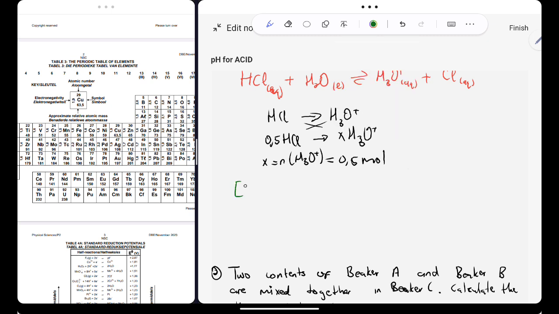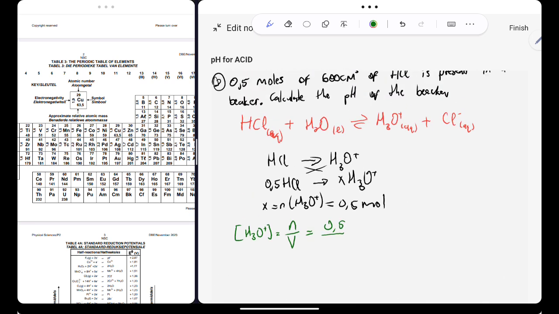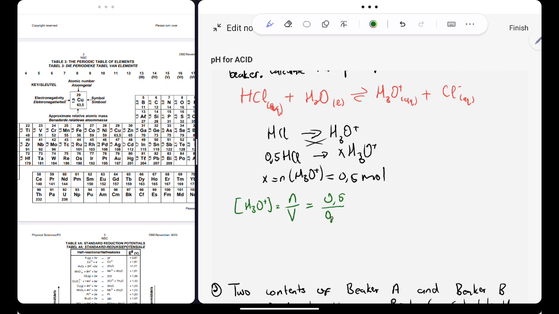So the concentration of my H3O+, remember that concentration is number of moles over volume, right? So I have 0.5 all divided by 600 cubic centimeters. I'll simply say 0.6. What do I get? 0.5 divided by 0.6.